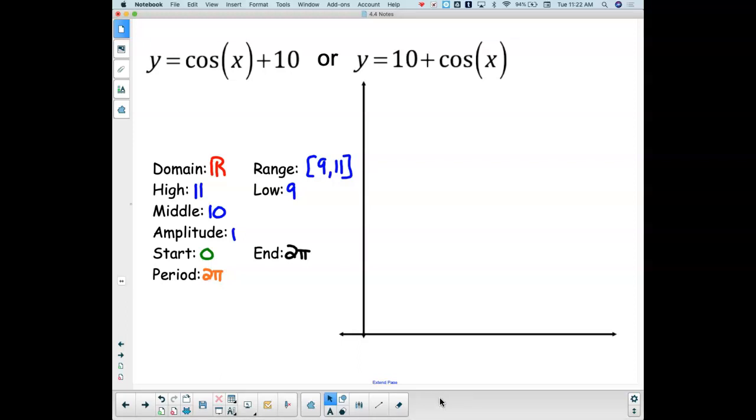So this one would actually look very similar to this. And so this is a cosine. Cosine starts low, middle, or high? High, then goes down.